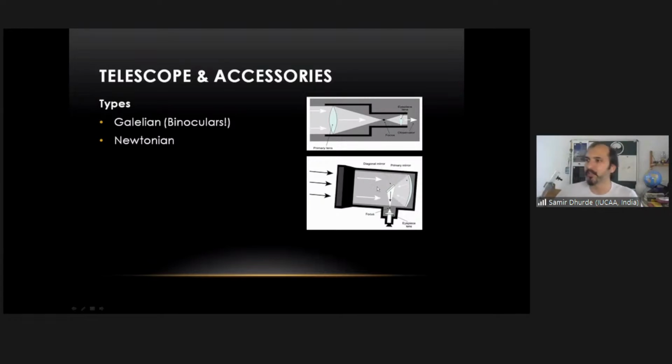In this case, the light goes in this direction, and therefore there had to be an ingenious trick, and that involved having a small flat mirror, which basically changes the direction of the light being focused from this direction to this direction.